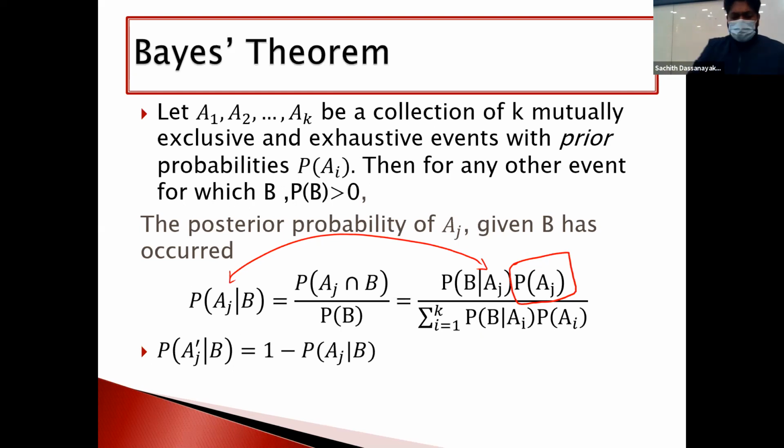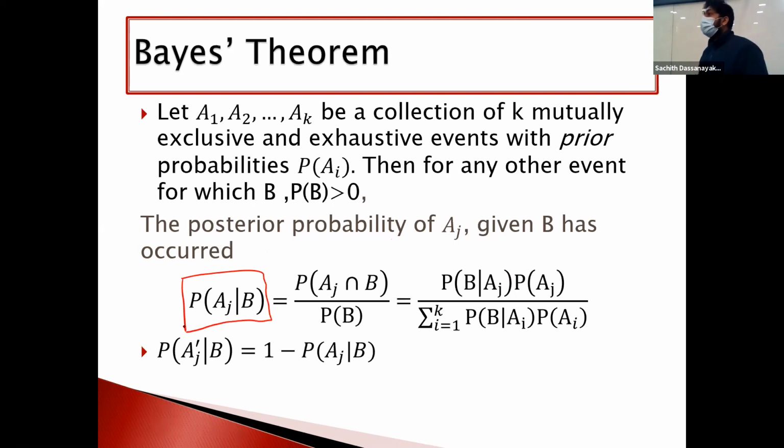So in this case, what we need to find, this probability, we call posterior probability. Those are the words that came from Bayes' ideas. First, this given part, the probability of a particular Aj given B, we call posterior probability.